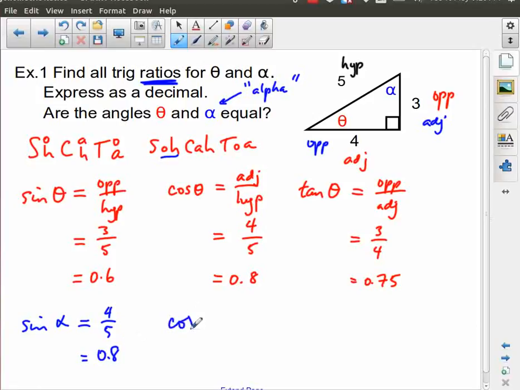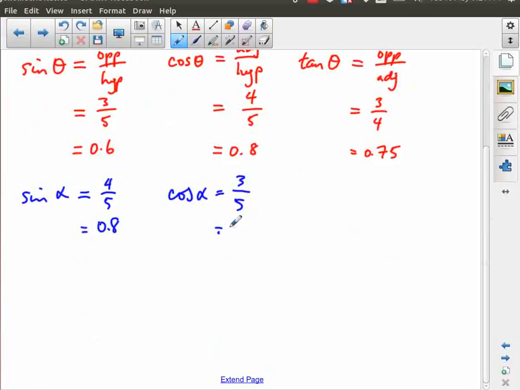The cosine of alpha is equal to adjacent over hypotenuse, but I need the blue ones now. Adjacent over hypotenuse, 3 over 5, and that's equal to 0.6.